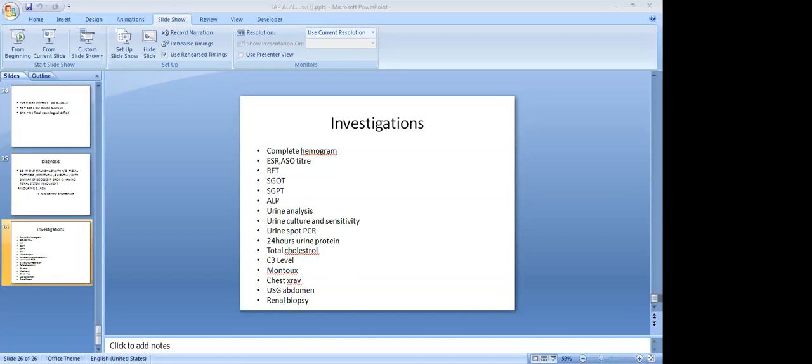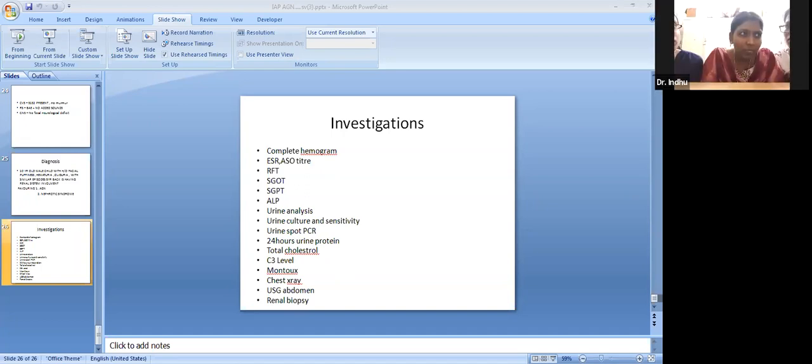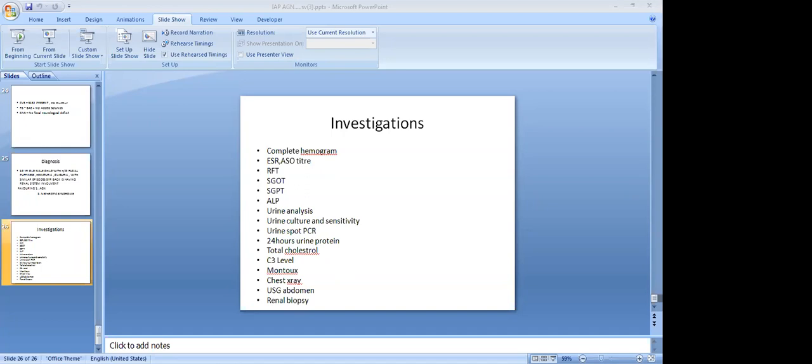That's different. So what are the fallacies in PCR? Protein creatinine ratio. Spot PCR. What are the pros and cons of the spot PCR? What is the drawback of relying on the protein creatinine ratio?